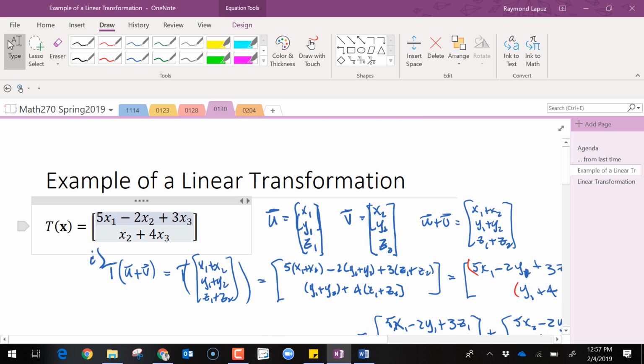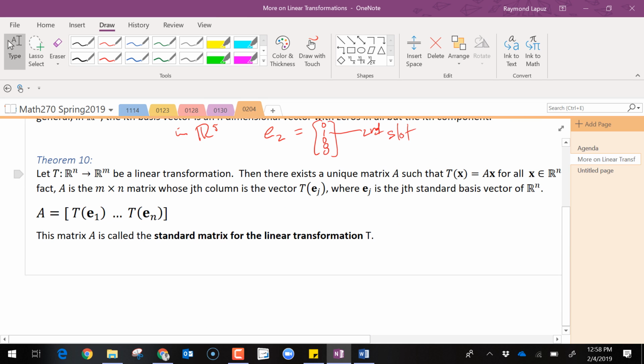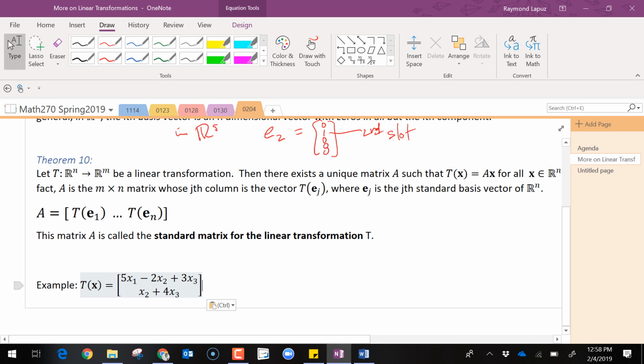Let's just select this linear transformation here as our example. So let's backtrack and remind ourselves that this is a linear transformation, and this is, well, a transformation first of all.